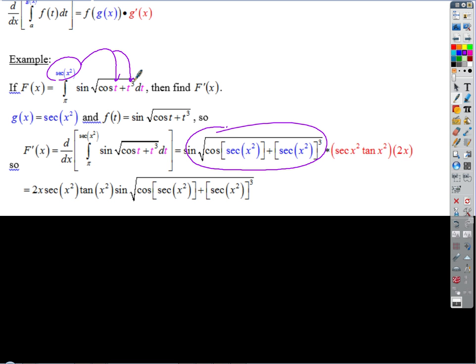The derivative of secant is just secant tangent, right? So secant x squared, tangent x squared, times the derivative of x squared, which is just 2x. That's the big answer. I would just put all this stuff out in front of the sine of the square root. That's it.